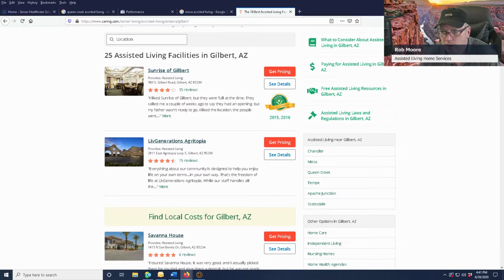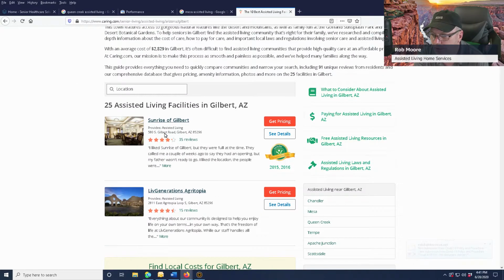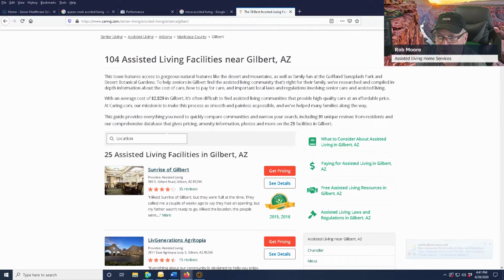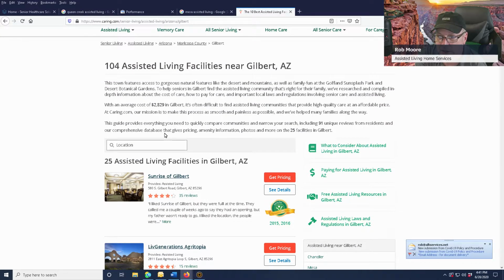You're now a lead for Caring.com, and you're probably going to generate some revenue for them if they can get you pointed towards one of their providers. So that's why they try to grow their provider network. That's the two things they need to do: grow their provider network, and then capture leads.